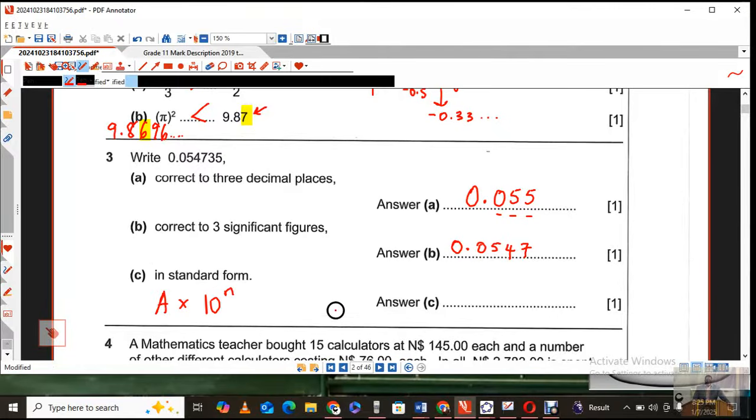And a is a number that is greater than or equal to 1 and less than 10. So the first digits here I can go ahead and write as 5.47. I'm not going to continue the other values, times 10.